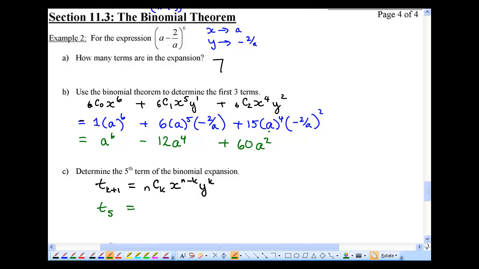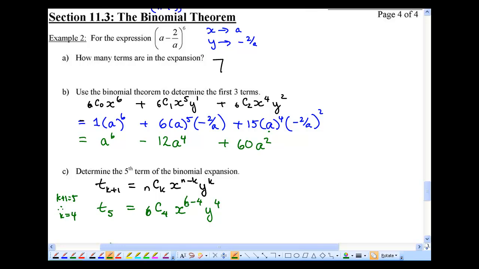I'll do it over here. So that means k plus 1 equals 5. Therefore, k is actually equal to 4. So we want n choose 4, x to the power of n minus 4, y to the power of 4. What's n in our example here? Yes, it's 6. I'm going to write this as 6.